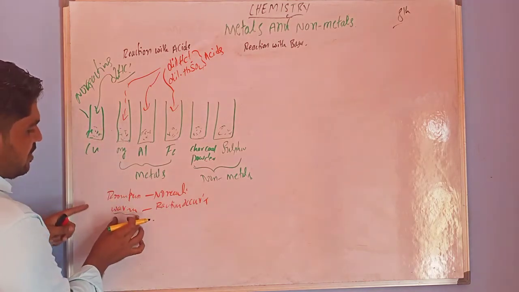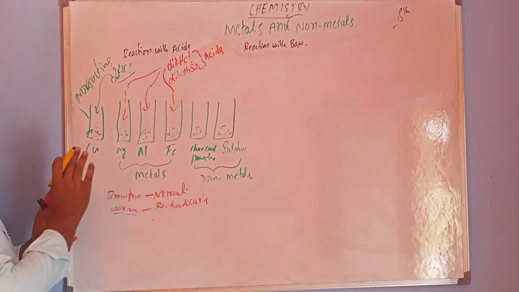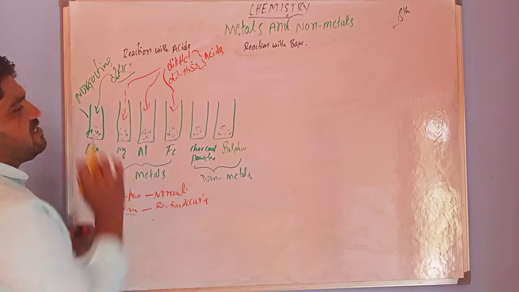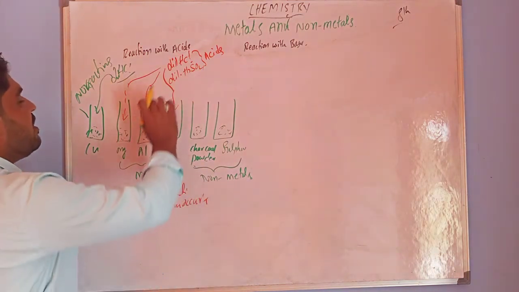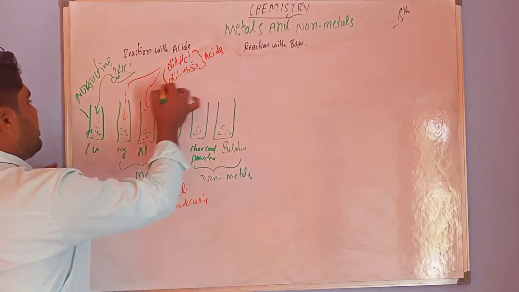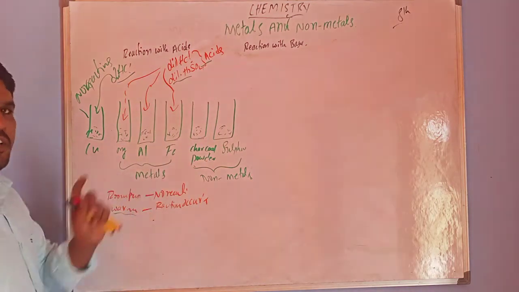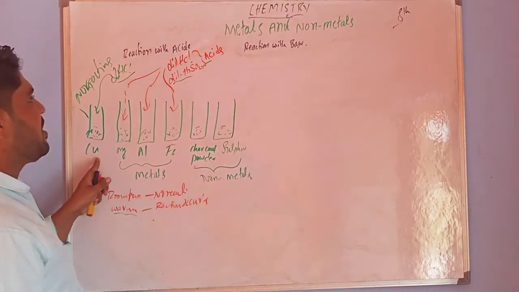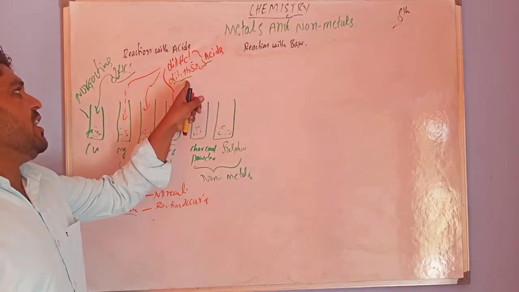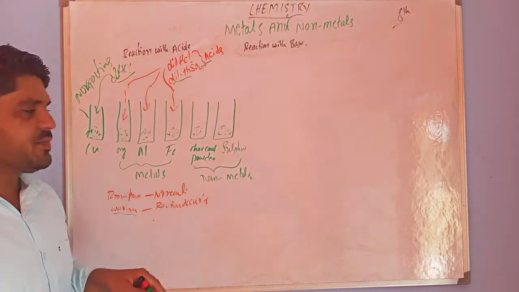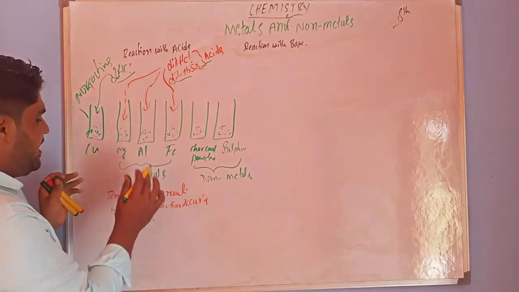And at warm condition also, there is no reaction between copper and HCl. But copper reacts with H2SO4 at warm conditions. At warm conditions, copper reacts with sulfuric acid.